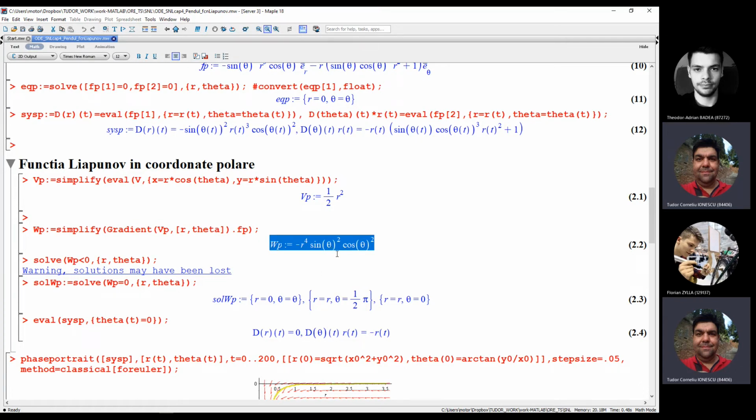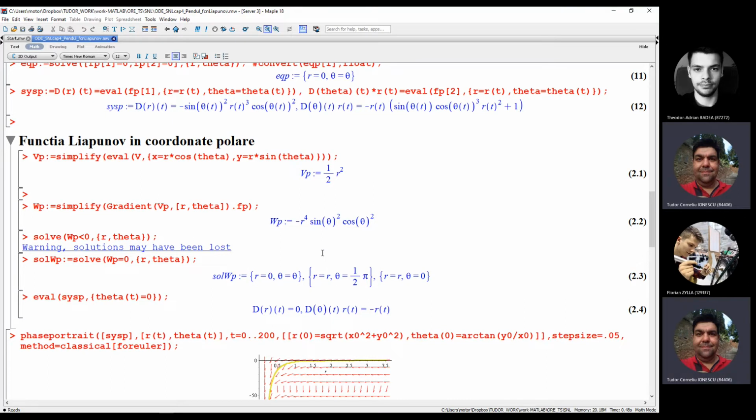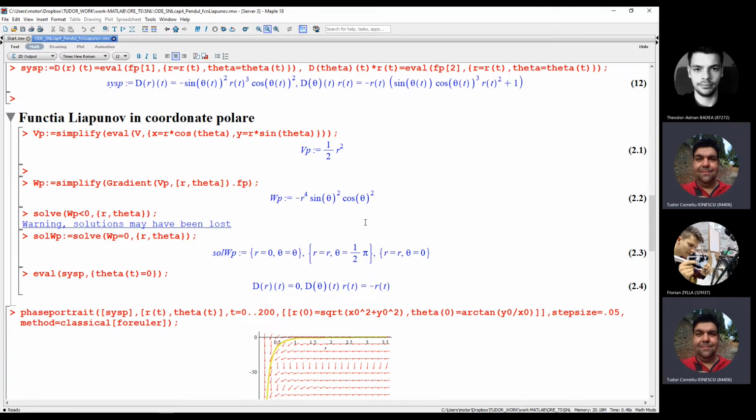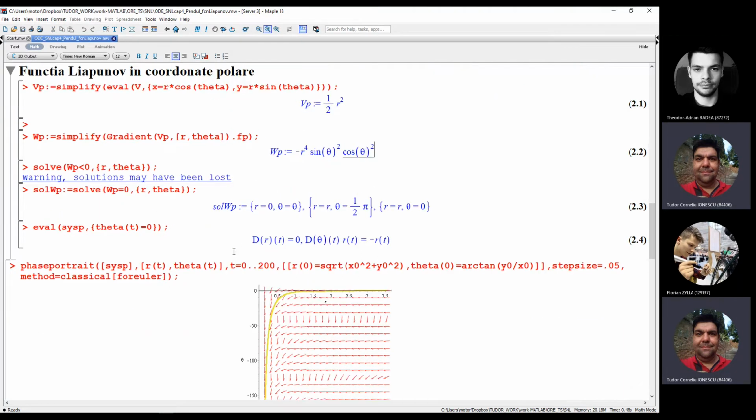In polar coordinates things are more clear. This is semi-negative definite for all r and theta, and actually no, this is negative definite completely. This is negative definite, not semi-negative definite.